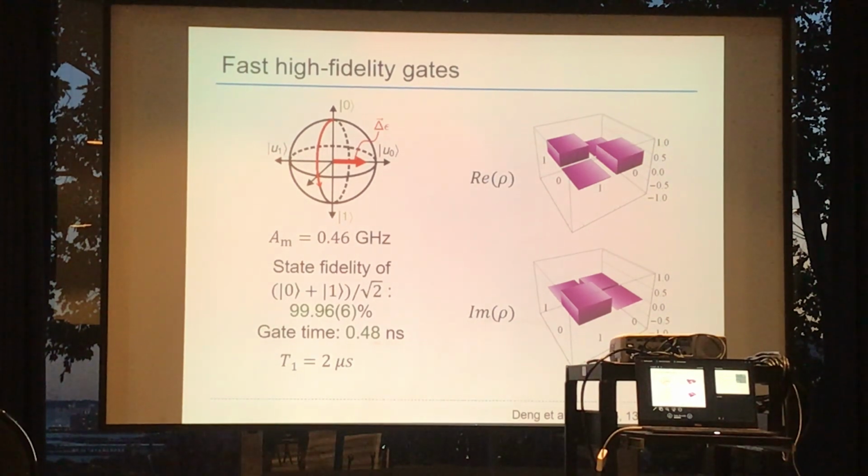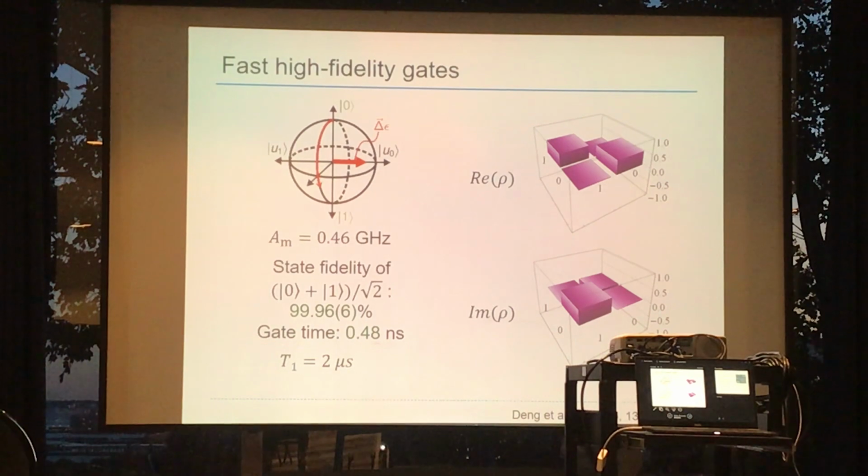I'm surprised that you don't see the other states here. You are driving a lot. I understand that you have an important anharmonicity, but it should show up at some point. Oh yeah, at some point, yes. This is a very good point. In this case, this qubit had a very high anharmonicity, so the third state, the second excited state, was very far away.